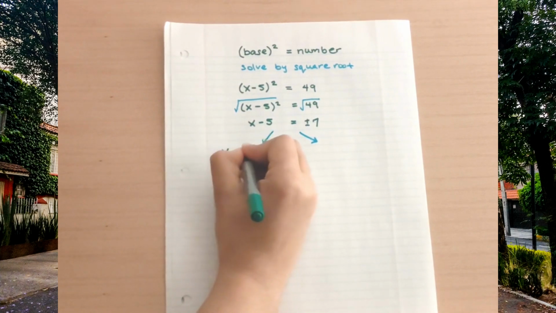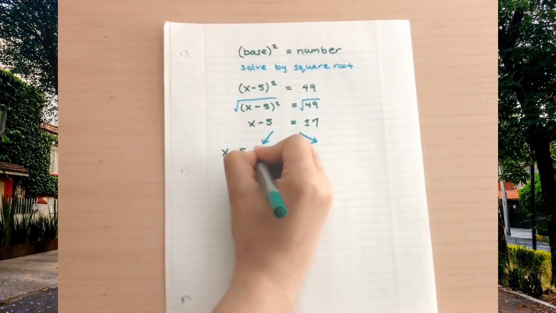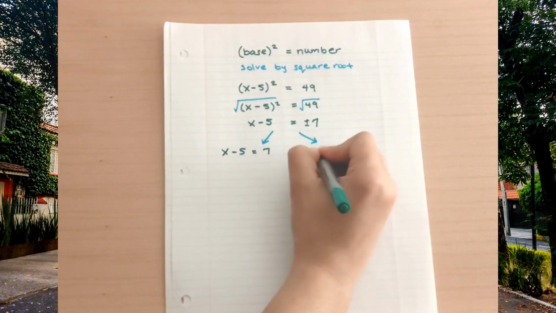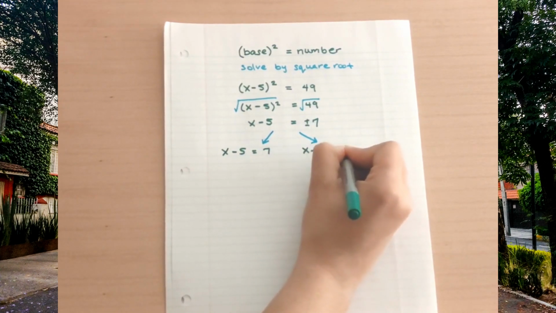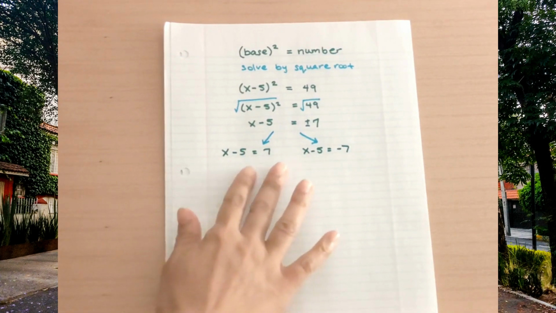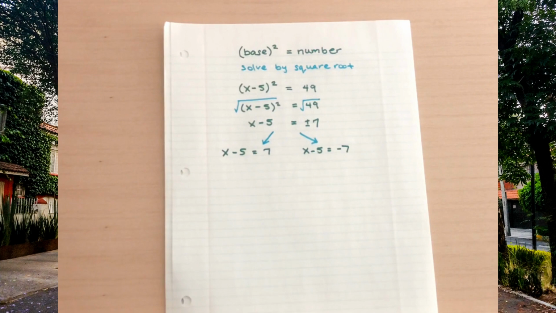We'll have x minus 5 equals the positive 7 as one equation, and x minus 5 equals negative 7 as the other equation. And now we have these two simple little equations to solve, just one-step equations.